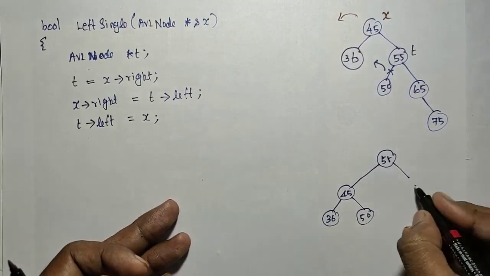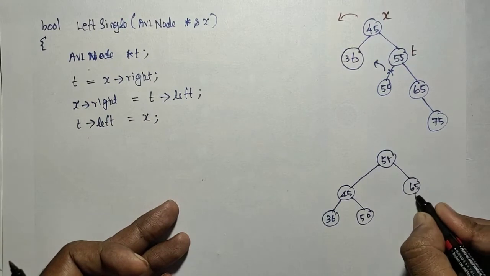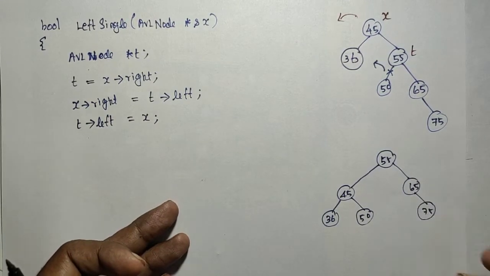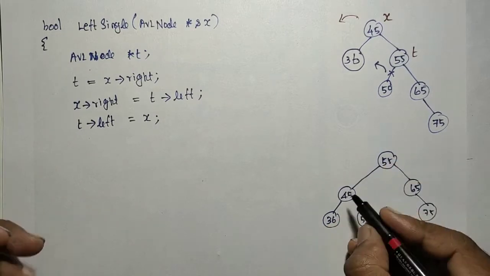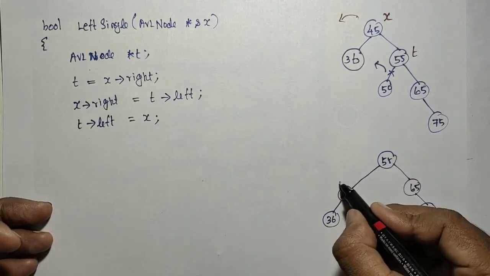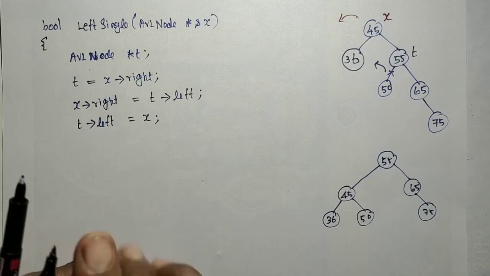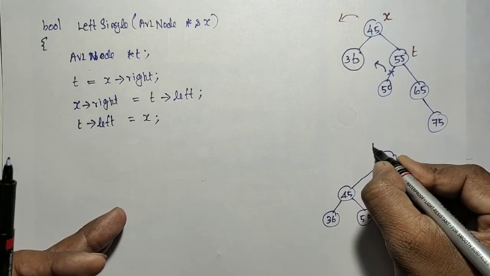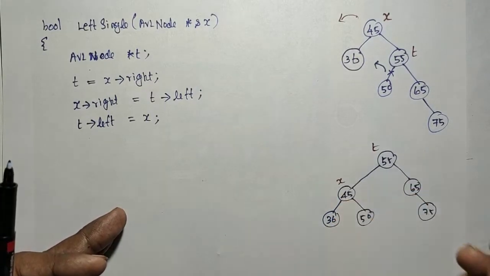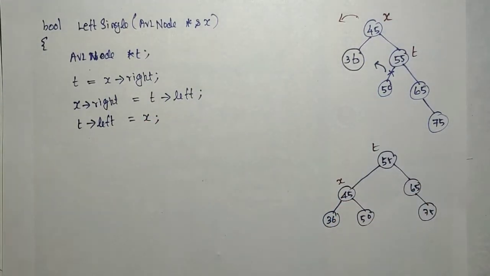Right, there is no change, so 65 and 75, like that it will be rotated. And finally this is that t, and this is that x, like this. Now I need to update the x and the t.